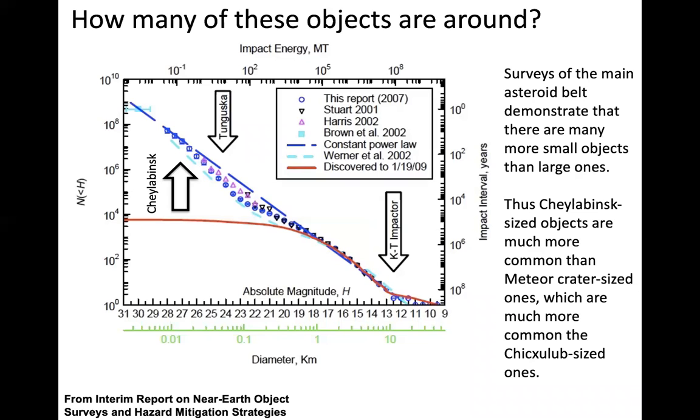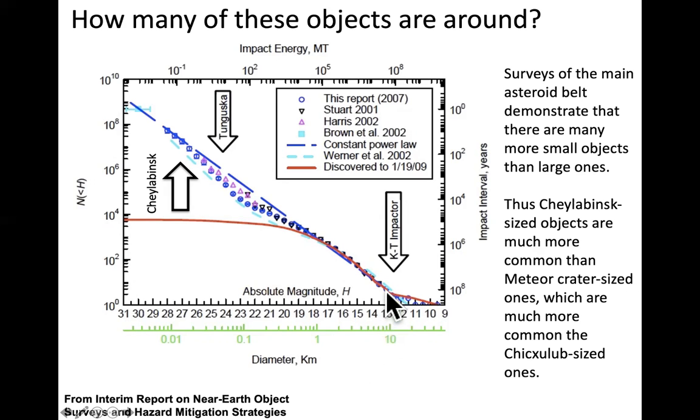This is a plot from a report done about 10 years ago now. What you're seeing in red is basically the total number of objects discovered as a function of size. And these are, again, logarithmic scales.